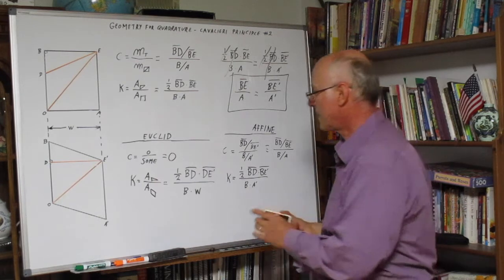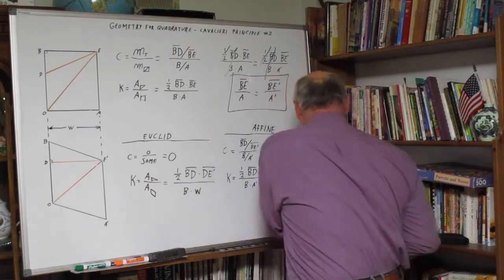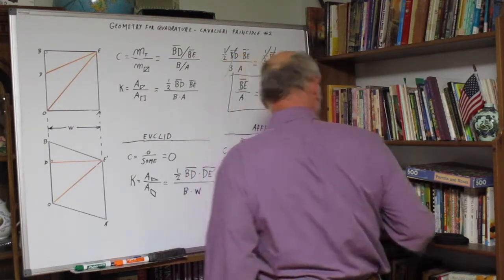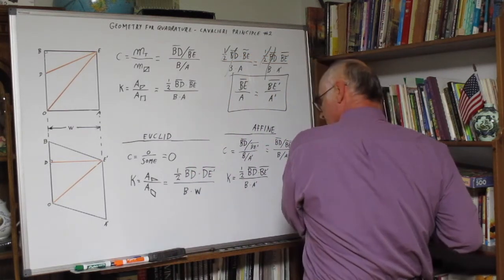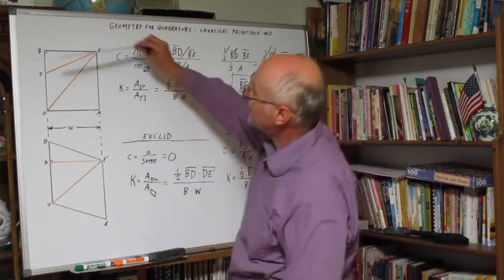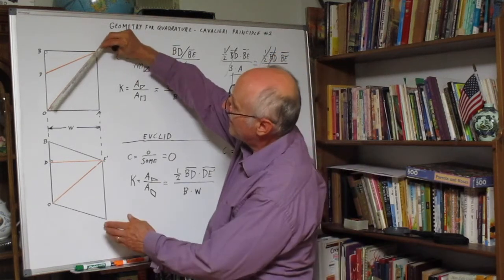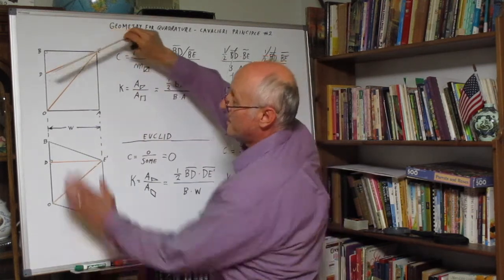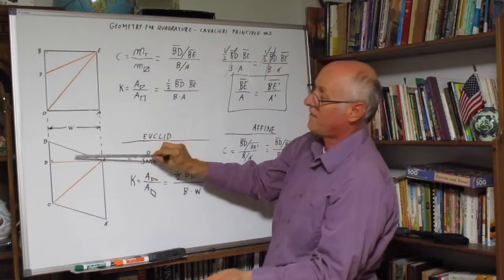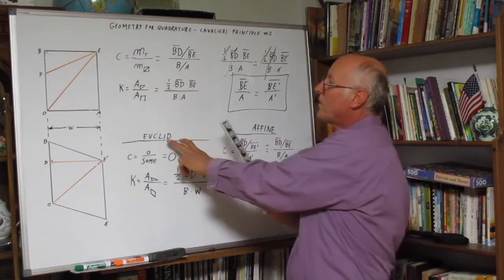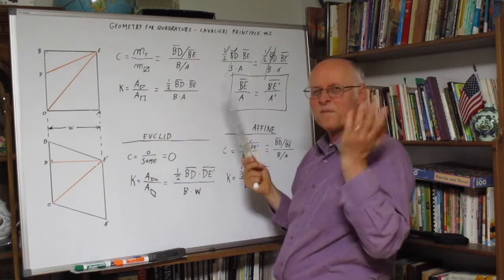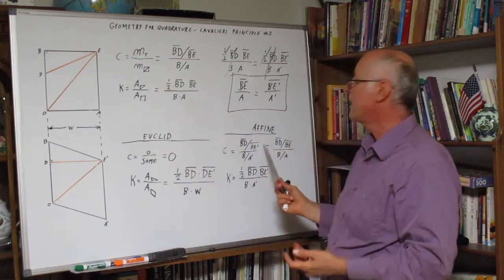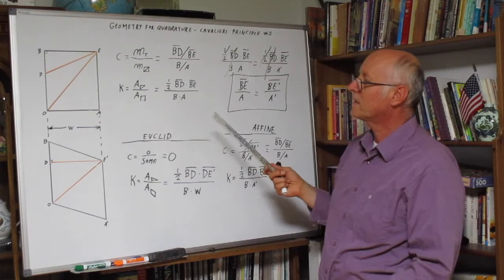That implies that the slope is not changed, and that's hard to swallow, but it is what it is. You look at this, and here it's different. You look at this, and if I shift it, it's different. You can say that in a Euclidean type framework, but in affine, it's indistinguishable.